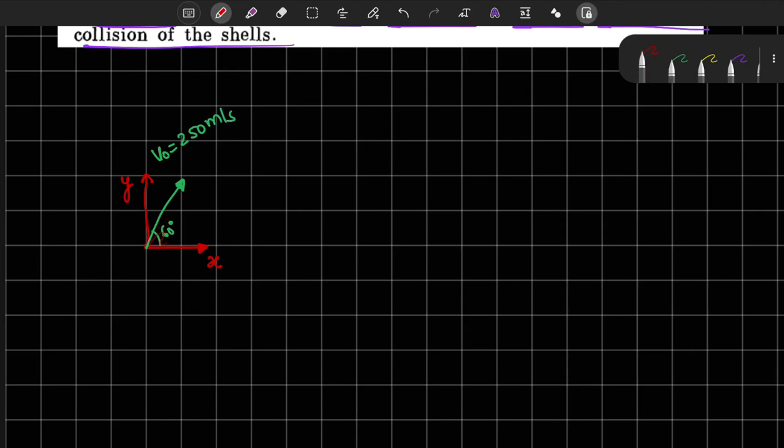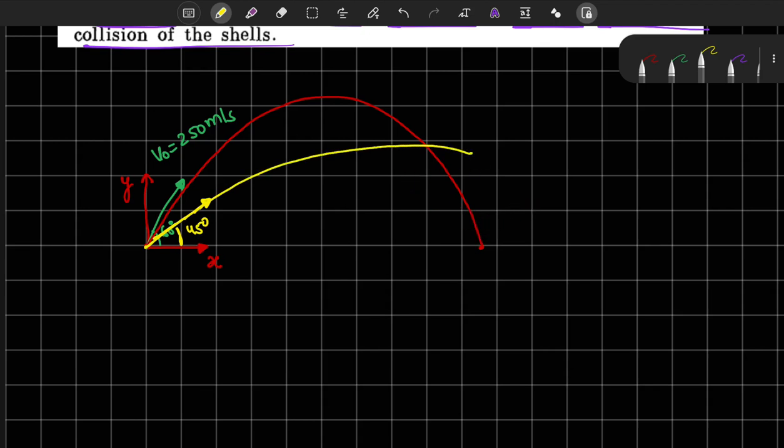So this is the path it will follow. And the second particle is thrown at an angle of 45 degree and the path it follows, let us say, is this one.